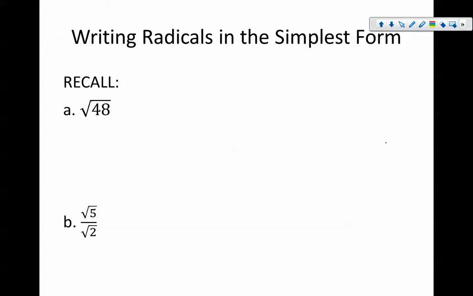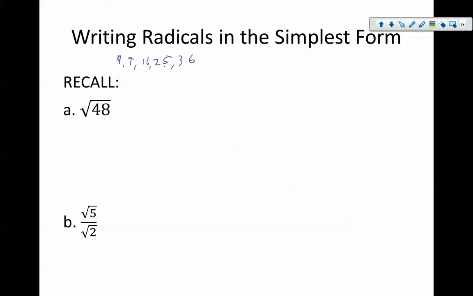So again, recall, we did this back in chapter 4. We would simplify the square root of 48. And remember, this wasn't a perfect square. So we looked at our list of things that were perfect squares, right? 4, 9, 16, 25, 36, these numbers.